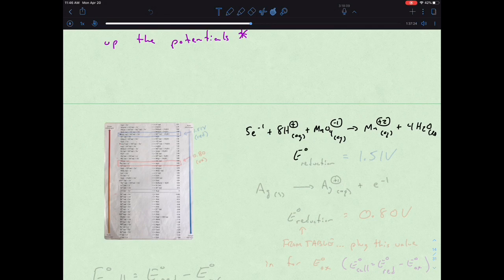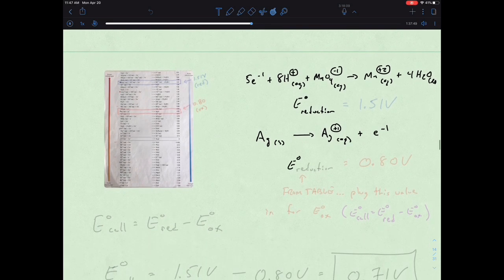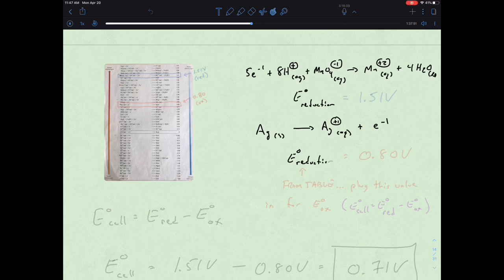So we're looking for that potential for reduction. And then we're also looking up the idea of the silver going to silver +1. Now, here we're also looking for that potential of reduction from the table.